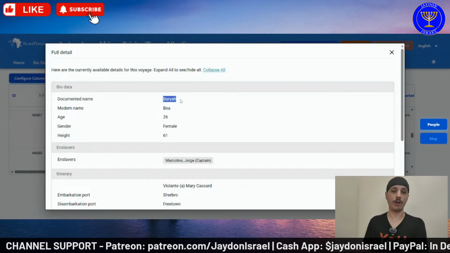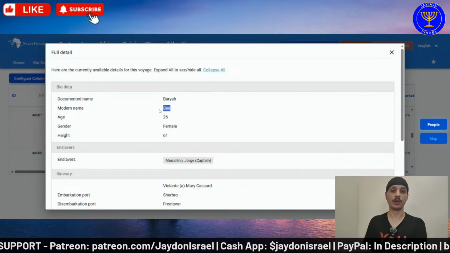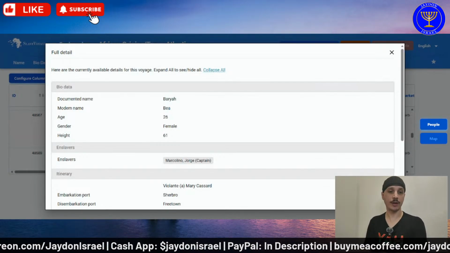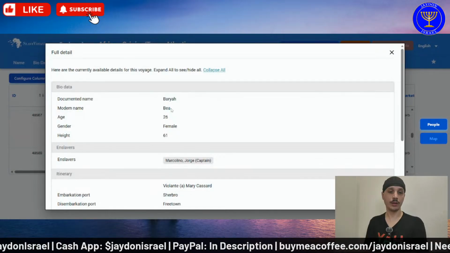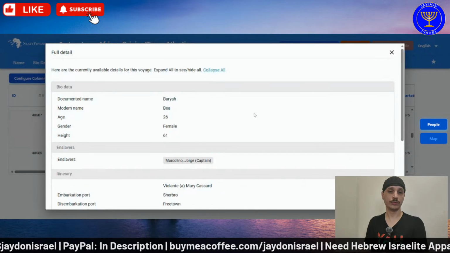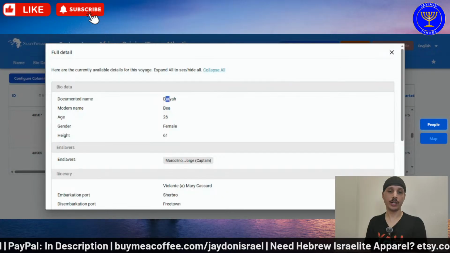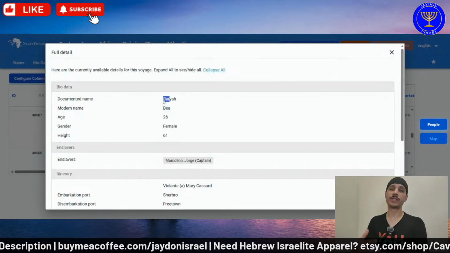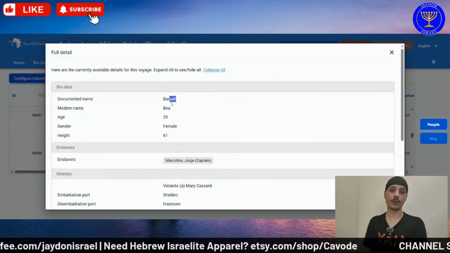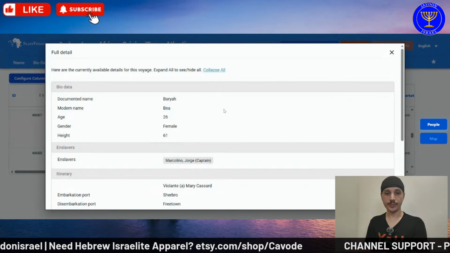It says documented name, Bardia, modern name, Bia. You guys see that? You guys see the change from the documented name to modern name? Bar in Aramaic means sun. Yah is the name of the creator.